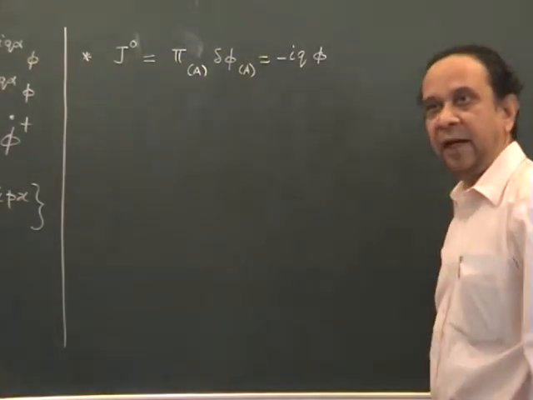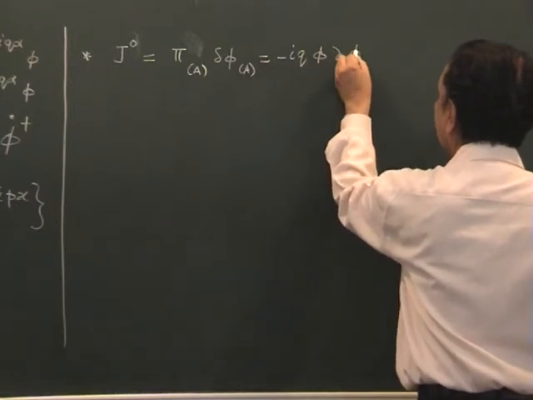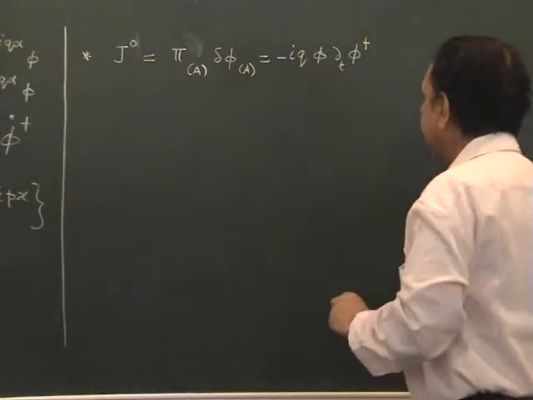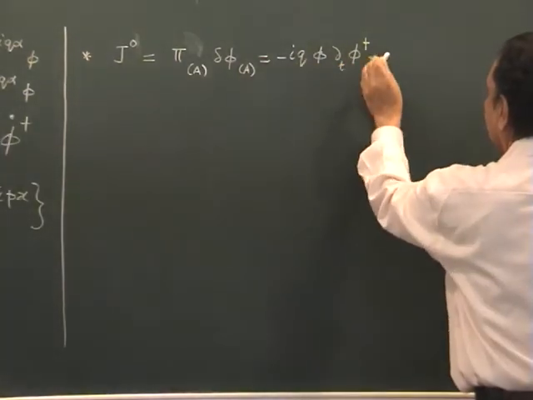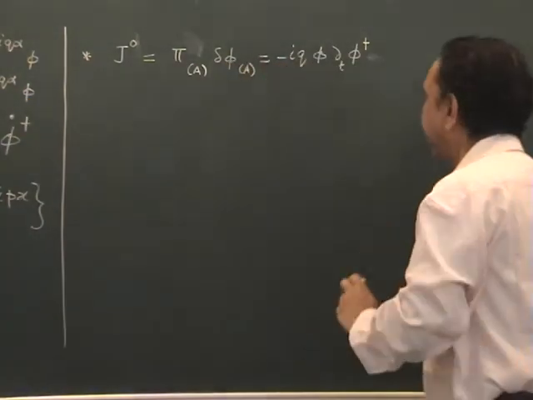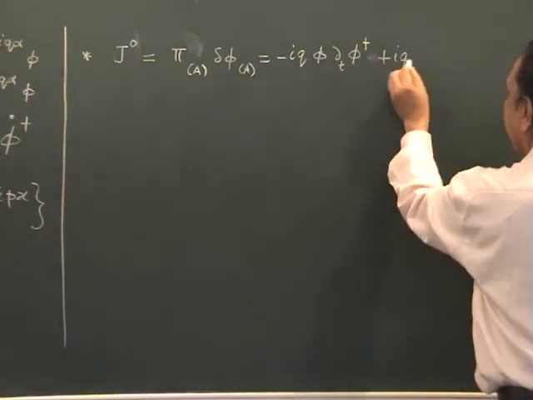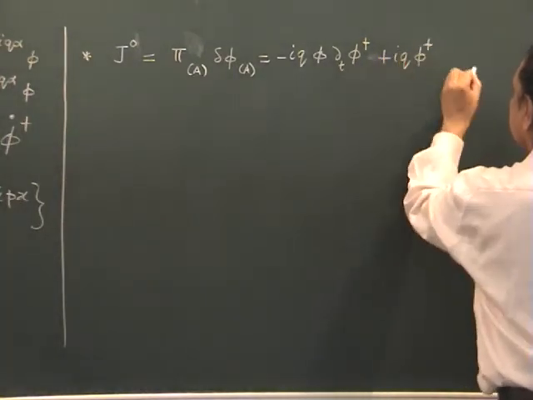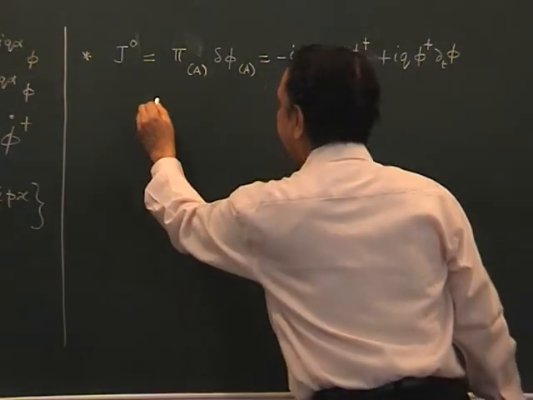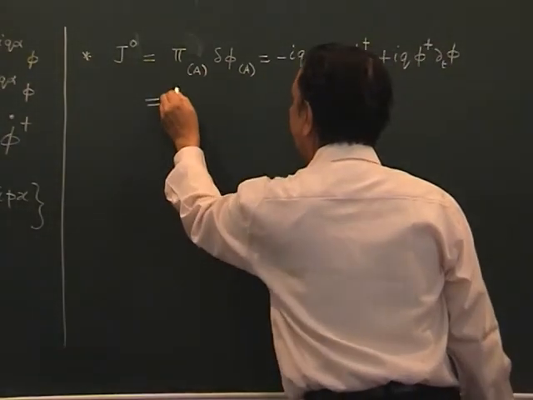That will be just this pi, which is dt of phi dagger, coming from this. Then you will have the delta phi for the phi dagger field, which will have an opposite sign. So it is plus iq phi dagger dt of phi.